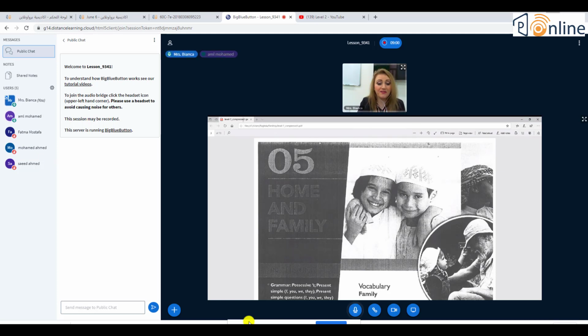You see children, very good. A grandpa. A grandpa or grandfather. Yes, very good, Amal. You understood that it is related to home and family. So definitely those photos show members of a family, for example, a grandfather with his grandson.